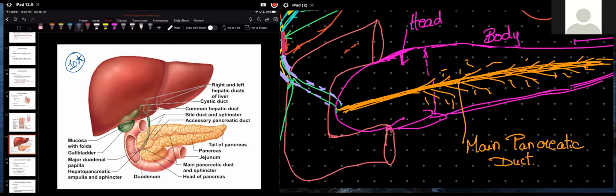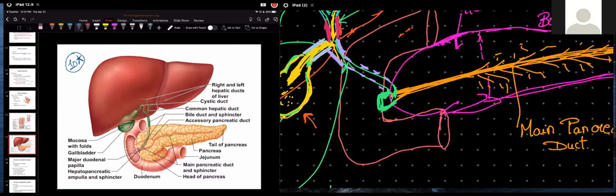The main pancreatic duct, as you see here, will be meeting with the bile duct, and they will form together a bulging connection before they join the duodenum.